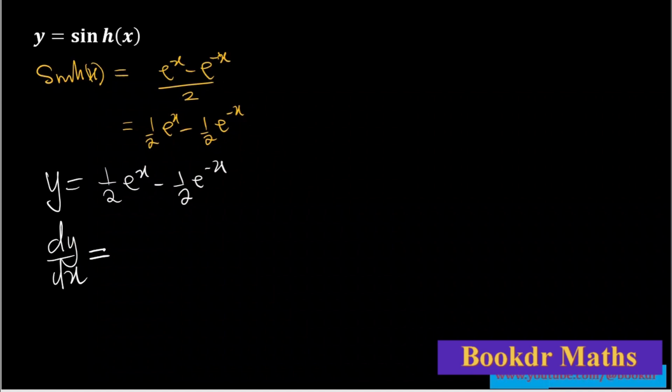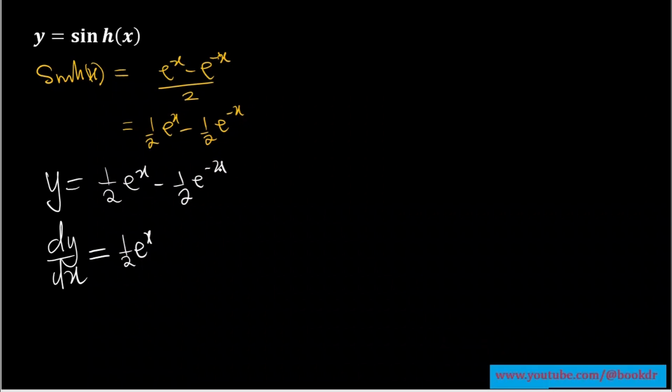Our dy dx will be equal to, when we differentiate e power x, it is the same thing, so we'll still have half e power x. But in differentiating e power negative x, we'll first work with the exponent. This is a function within a function. So we differentiate the exponent negative x, and that will give us -1.